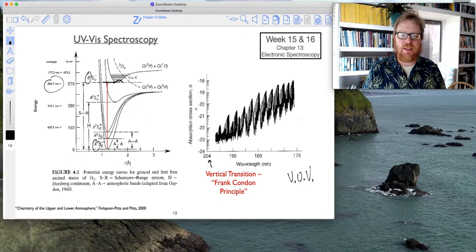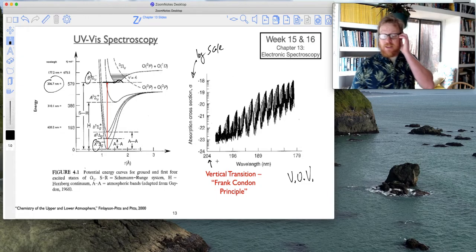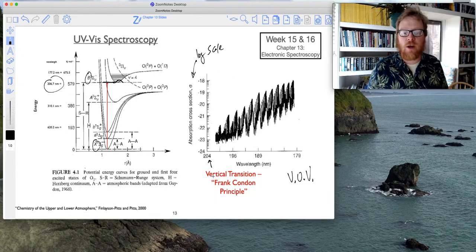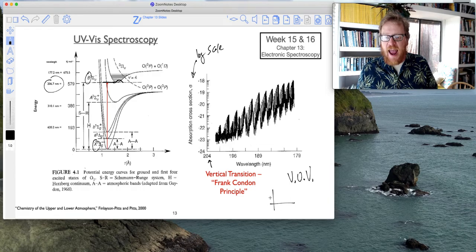And you notice this absorption cross section is crazy small at that 200 wave number region. Okay, so this is a log scale, and we can definitely have absorption spectra where, instead of A versus wavelength, we just plot sigma versus wavelength.